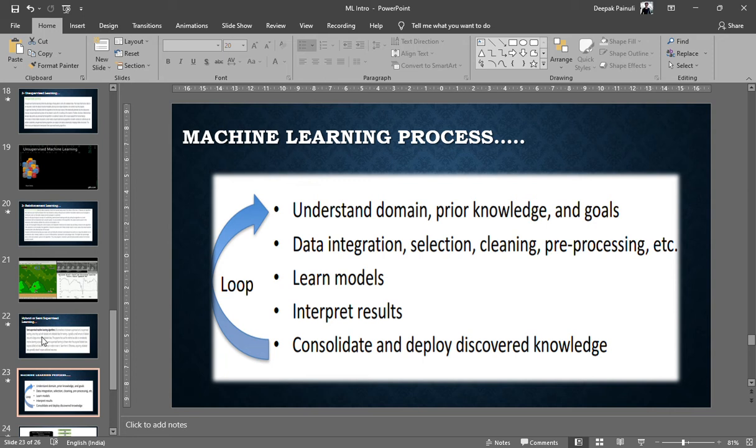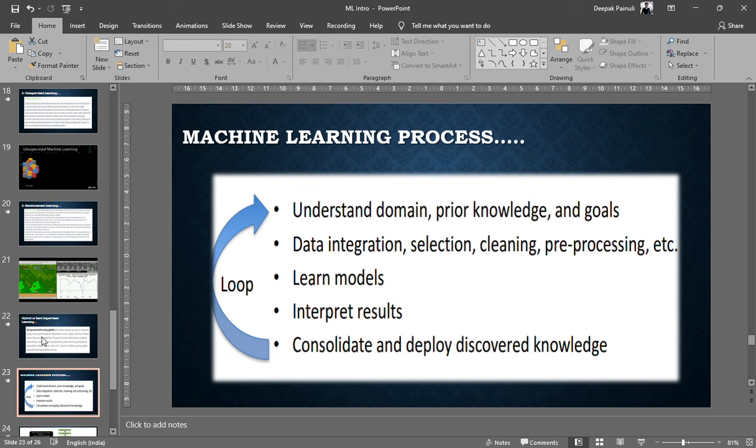But if it is not the case, that means your model is overfitting, your model is not properly generalized, your model is not properly learned. You have provided some wrong data to your model at the time of training.